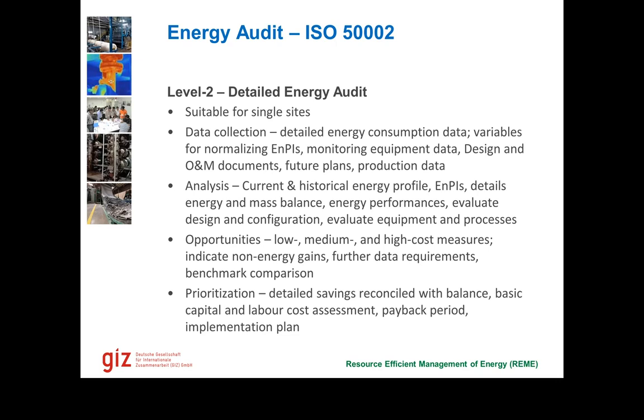Prioritization, this needs to be done based on detailed savings that need to be reconciled with energy balance. So if we say that we have a saving of let's say $10,000, then we also have to see the energy balance. So the funny story, there was an energy auditor who went to a factory.